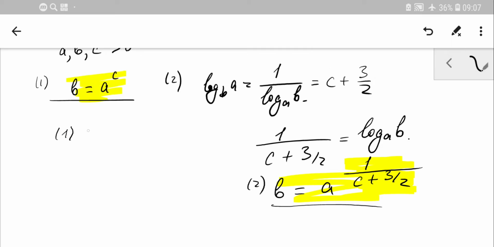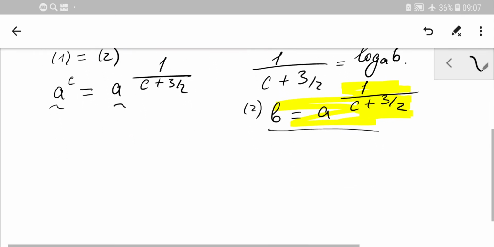So expressing in terms of B both ways, we'll have A to the power C equals A to the power 1 over C plus 3 over 2. Because the bases are the same, we can equate the powers.